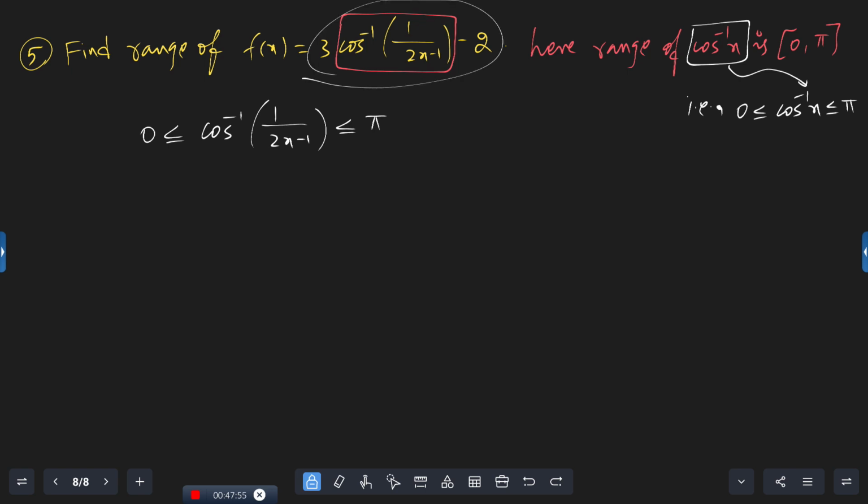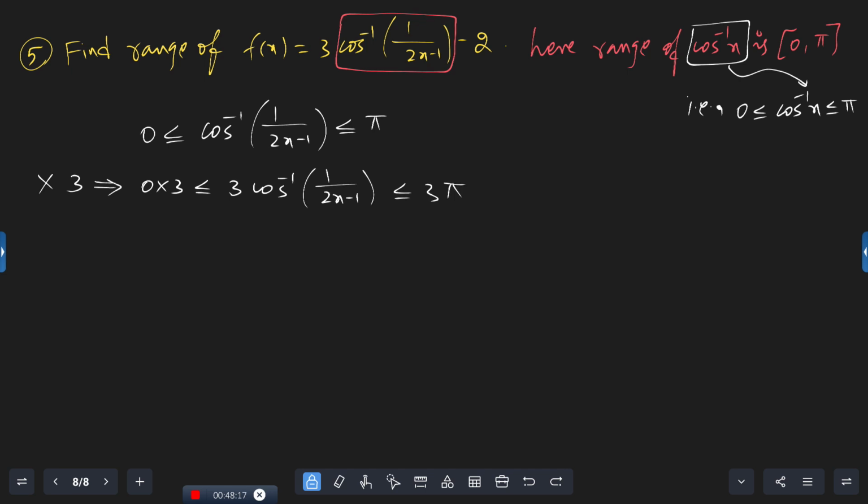So first you multiply by 3. If you add or subtract 2 first and then multiply, it will change the meaning. So multiply 3 on both sides: 0 into 3, 3 into cos inverse of 1 divided by 2x minus 1, less than or equal to 3 pi.